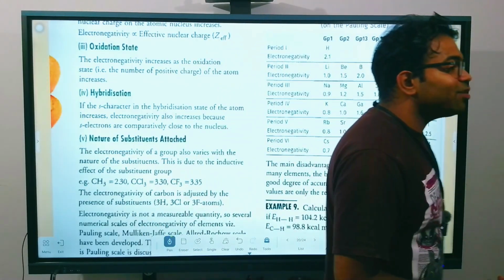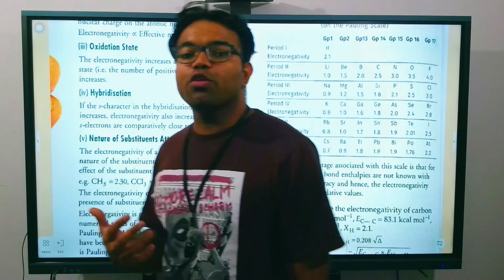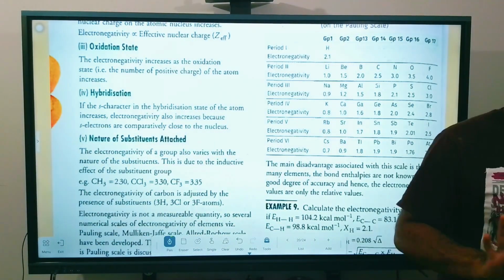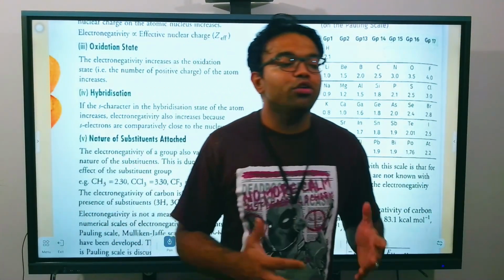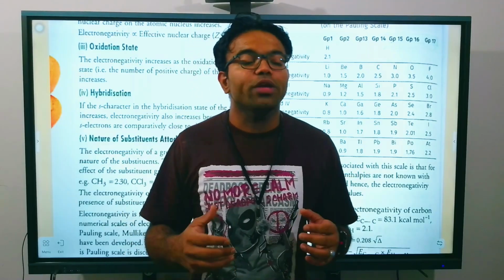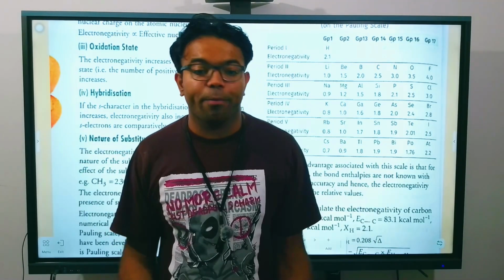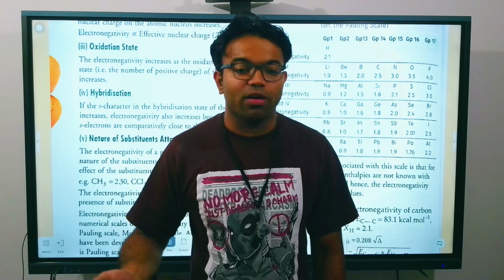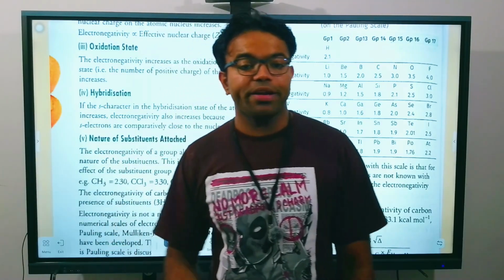For an isolated atom, usually the orbitals are at their exact same location. But if you want to combine yourself with another atom, you cannot just use one orbital. You will have to use multiple orbitals. If it's a single bond, obviously you will use one orbital, but it is always preferred to use multiple orbitals.